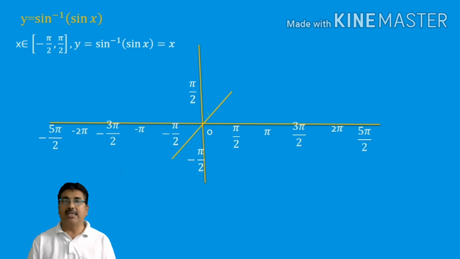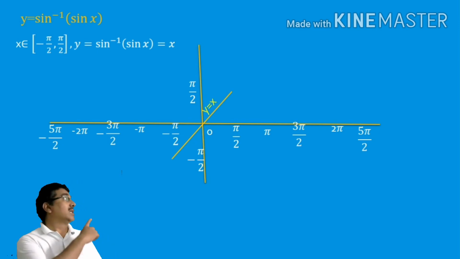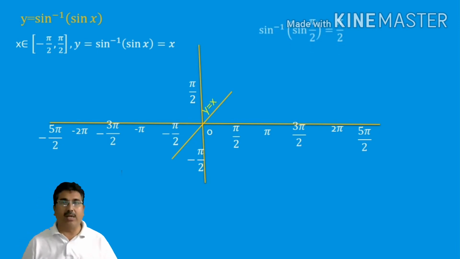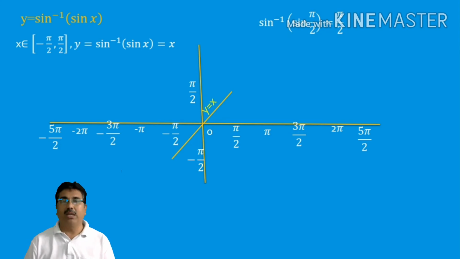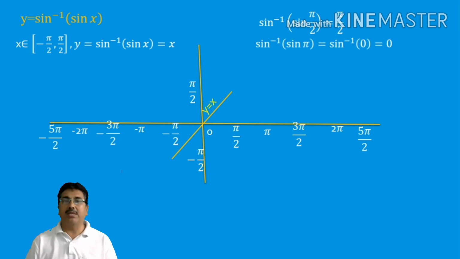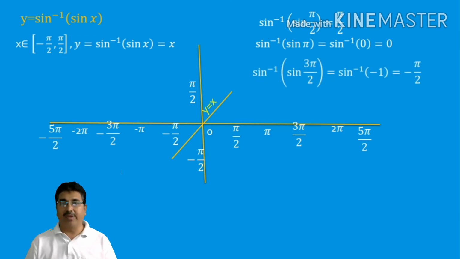Now, what is the shape of the graph in the closed interval pi by 2 comma 3 pi by 2? For that, sine inverse of sine pi by 2 is equal to pi by 2. Sine inverse of sine pi is equal to 0. Sine inverse of sine 3 pi by 2 is equal to minus pi by 2.